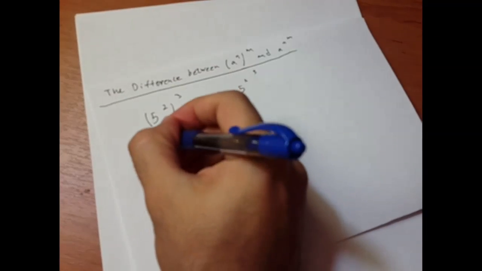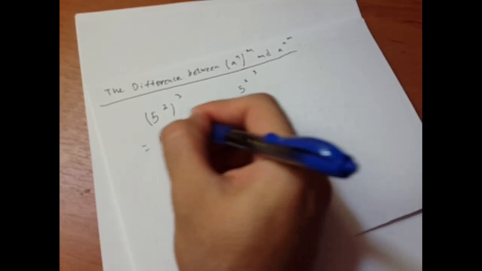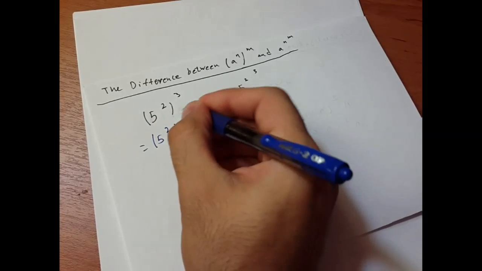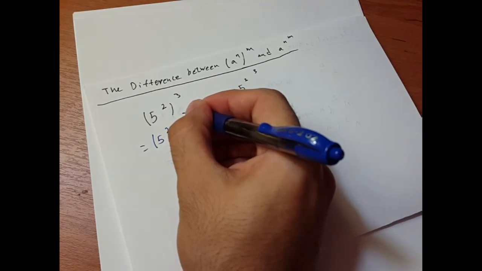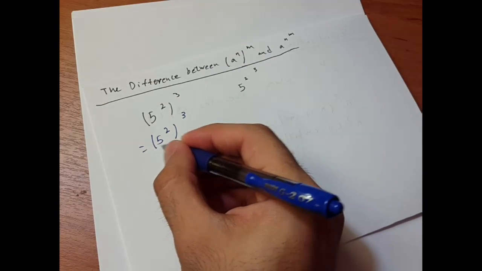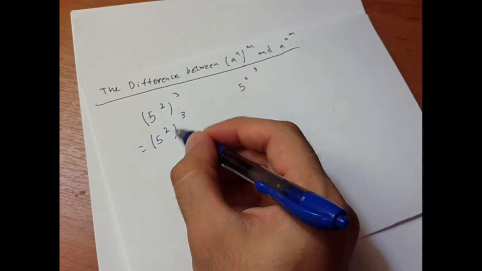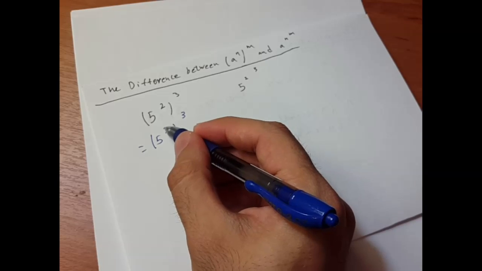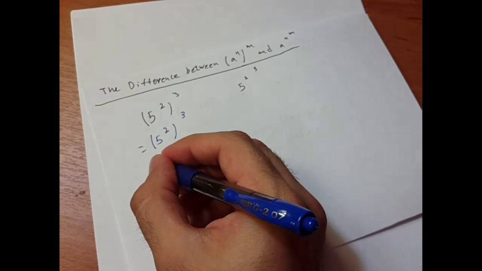what is 5 to the power of 2, to the power of 3. So whenever you see the parentheses, you calculate whatever is inside the parentheses first.